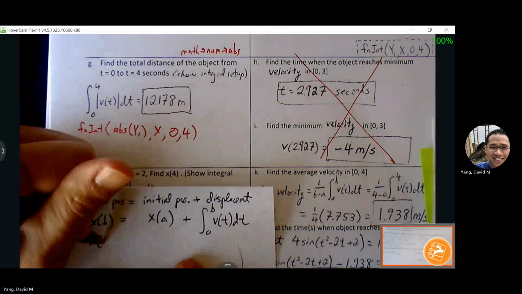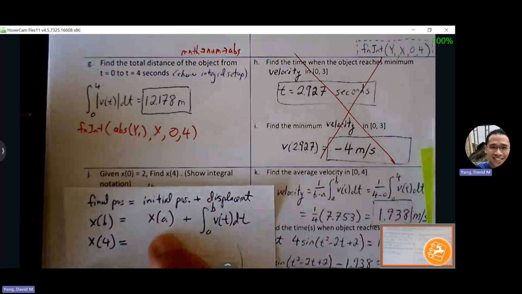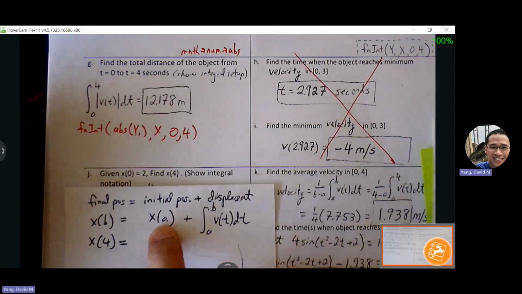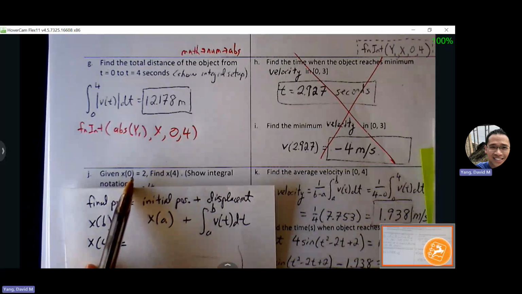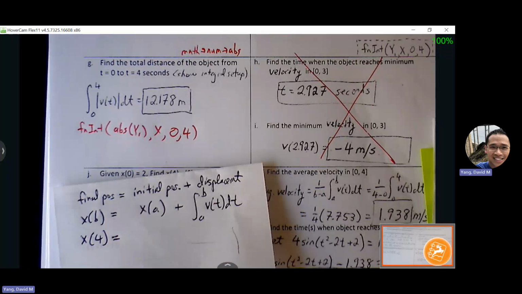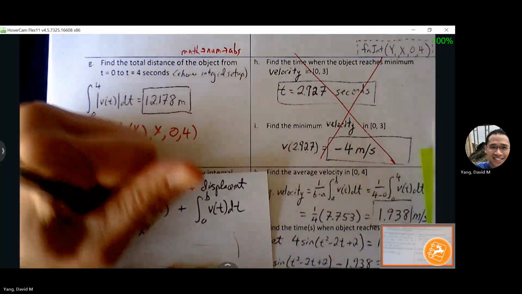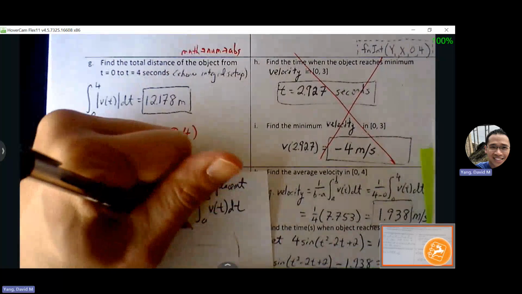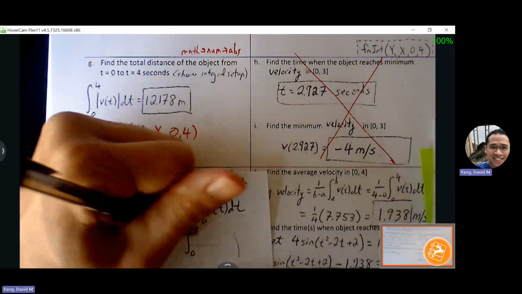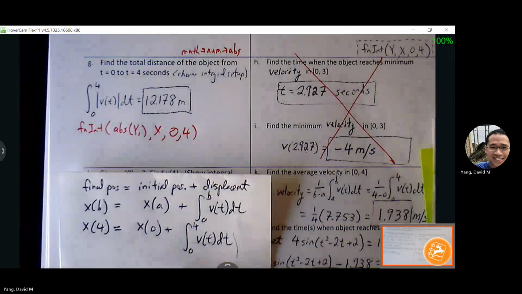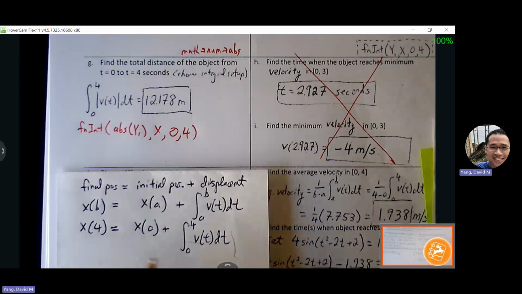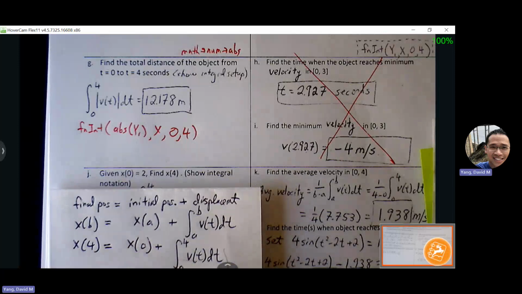X of 4. Okay. Where am I starting at? 0. Is it because we always start at 0 or because why? Yeah, because it says it, right? Whatever they give us is what we have to use. Plus the integral from a to b of v of t dt. So we know x of 0 is 2.